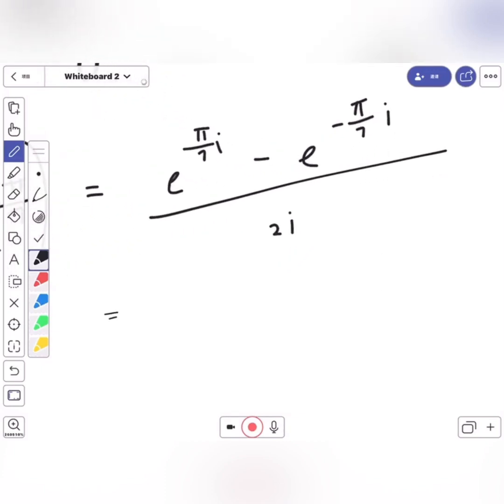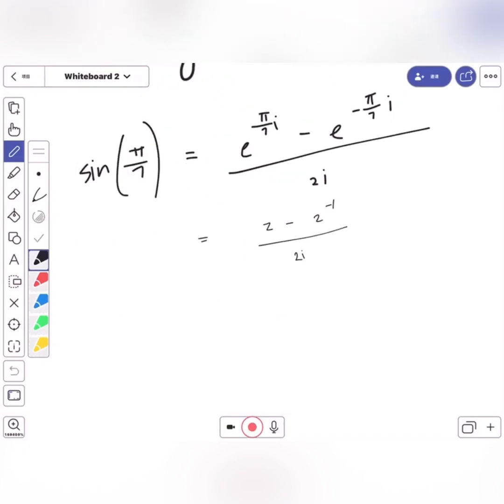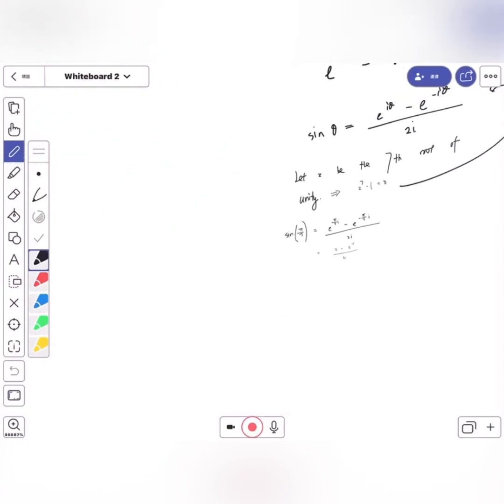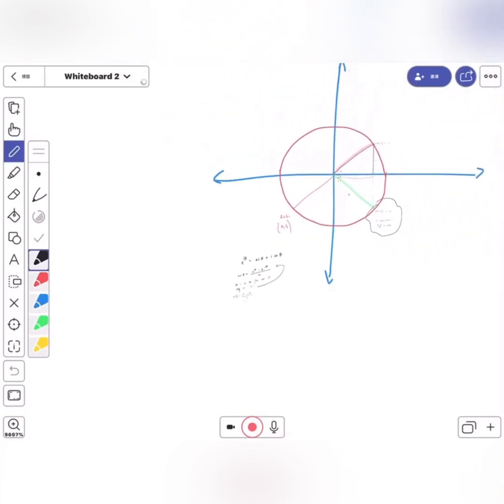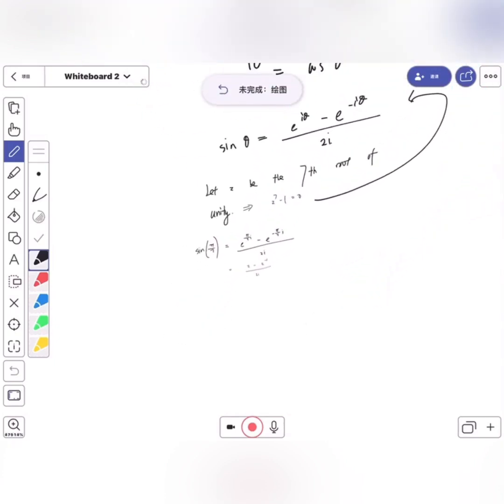This one is expressed as z minus z to the negative 1 over 2i. You might be a little confused about this, but you can go back to what's happening right here and here to gain some intuition.